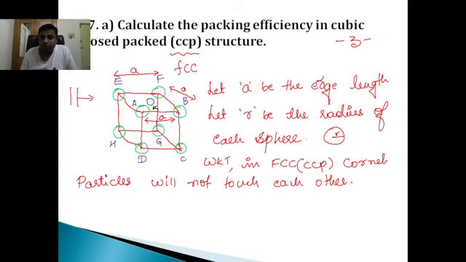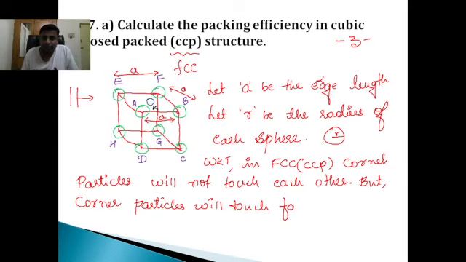So corner particles will not touch each other, but the corner particles will touch face centered particles.